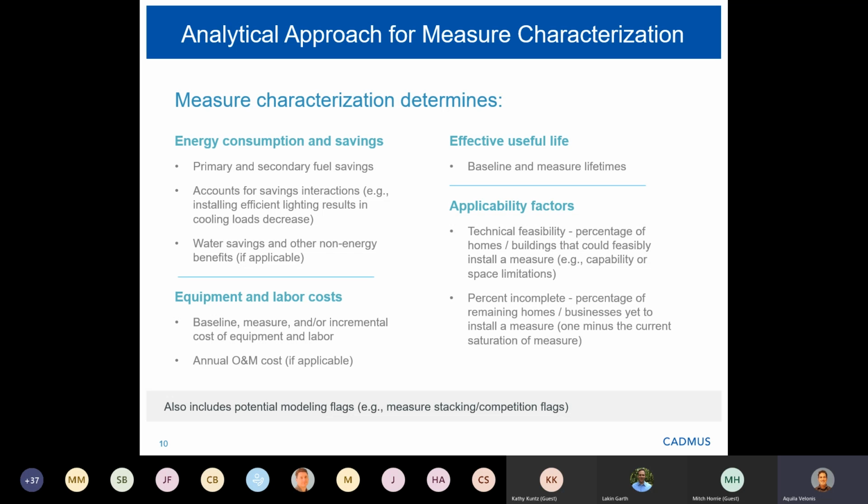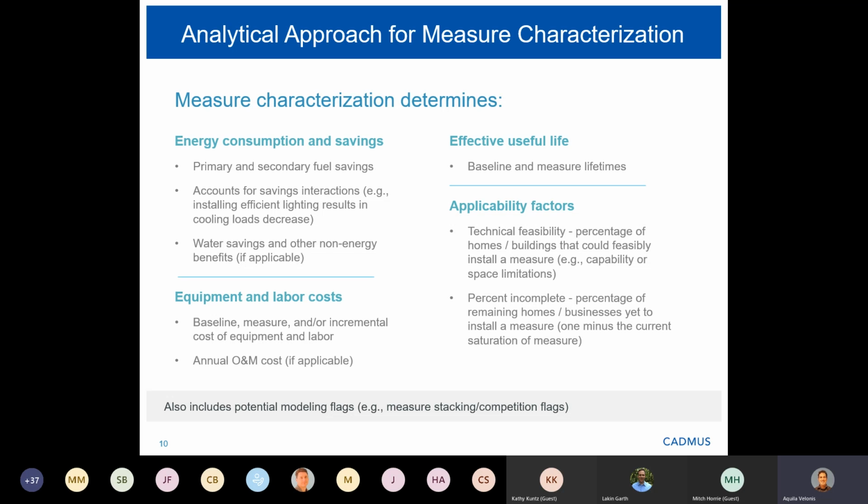But really what I wanted to focus on was what measure characterization really determines. I talked a little bit about how it provides energy consumption and savings, but within that, we're also accounting for the primary and secondary fuel savings. What I mean by that is, to appropriately assess the economic potential or to determine if a measure is cost effective, this study needs to account for those primary and secondary savings.